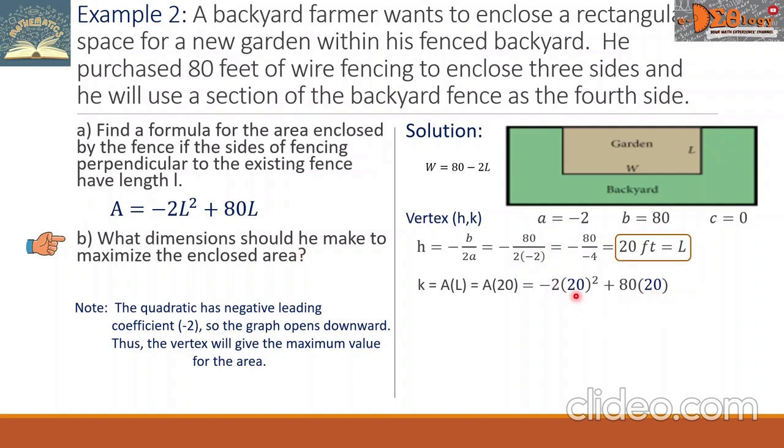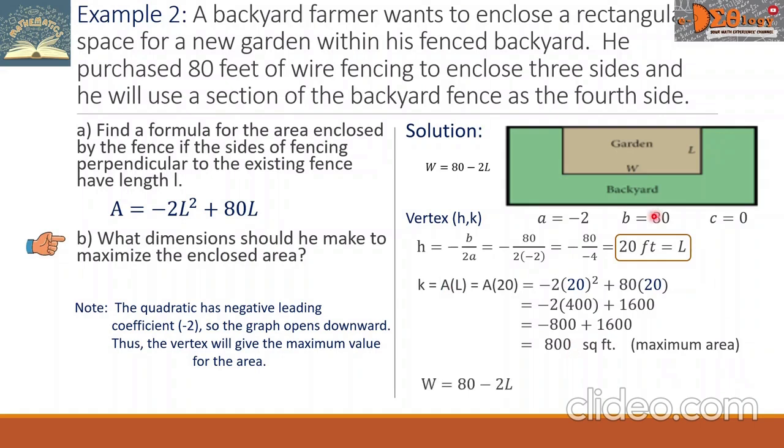Then we simplify. 20 squared is 400, plus 80 times 20 is 1,600. This negative 2 times 400 is negative 800 added to 1,600, so we have 800. We can put the unit of measurement, square feet. Since this is A, that means this is the maximum area.